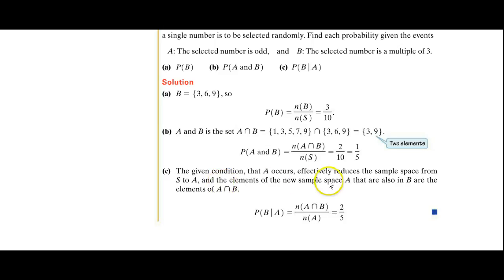And then the elements of the new space that are A and also B are given by the intersection of A and B. So we said that was 2. And now A is our new sample space of 5, so we get 2/5.